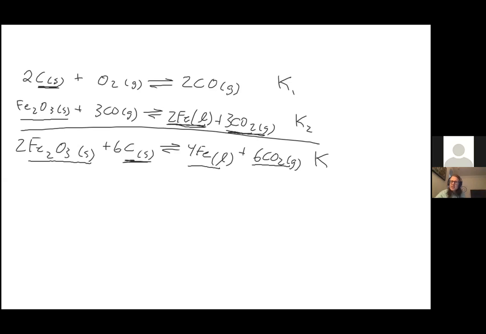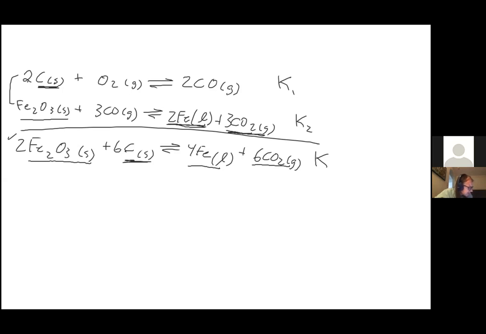So I'm going to make a couple of observations about this. One is, it appears as though it might be possible for us to get this third equation by combining these two equations in some way. That's essentially the idea that we're looking at here: you combine equations to get a third equation, but it doesn't exactly work out. The reason is essentially the numbers. See how you have 2 carbons here, but we have 6 over here?